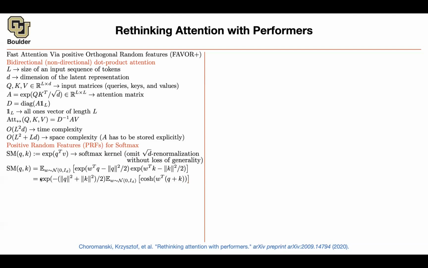Okay. There is another representation of that. If this term here doesn't depend on w, and this term here doesn't depend on w, the exponential of that term and the other term, you can bring them out of the exponential, out of the expectation operation. And then you can merge the exponential of w transpose q and w transpose k into a hyperbolic cosine.